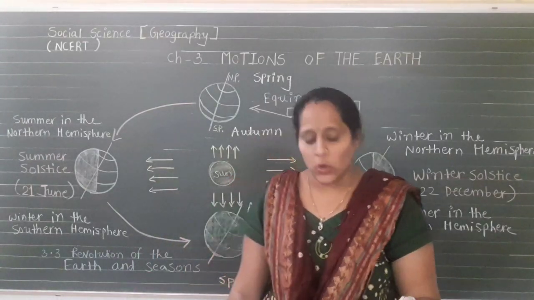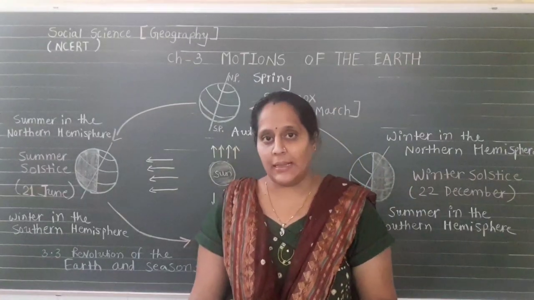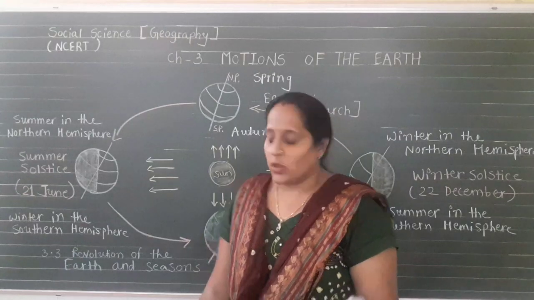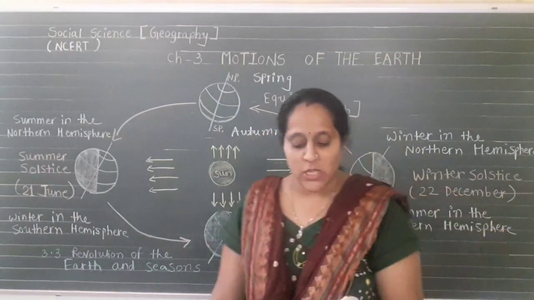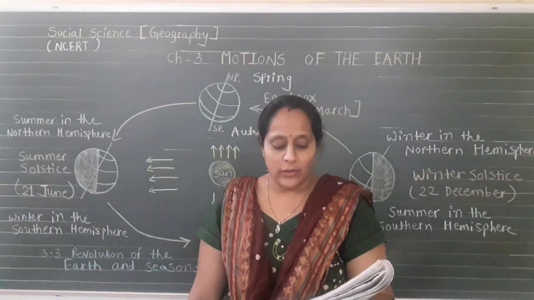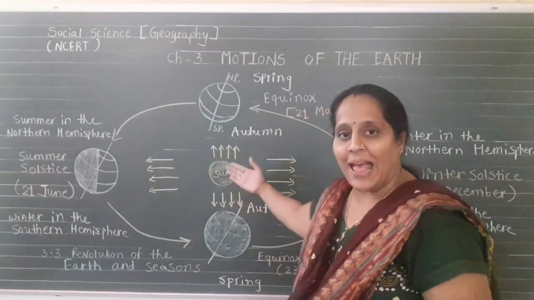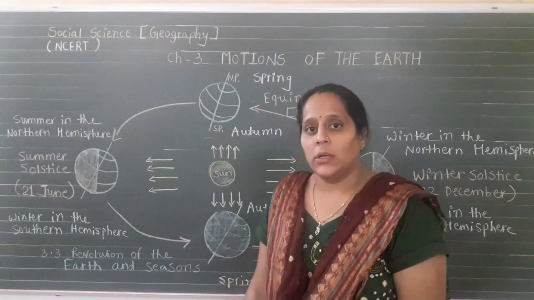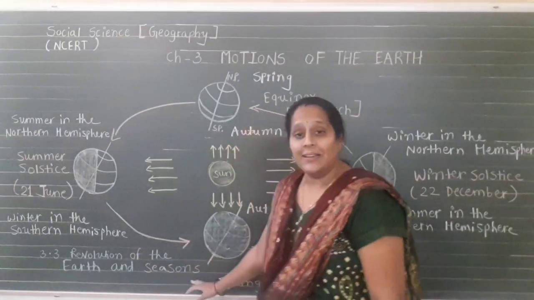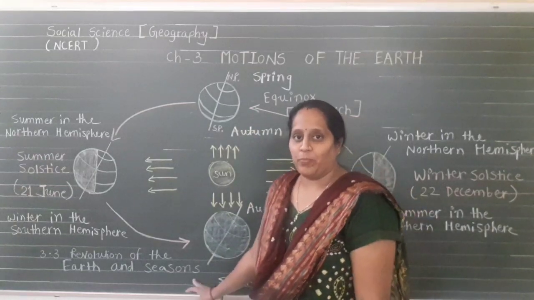A year is usually divided into different seasons like summer, winter, spring and autumn, and seasons change due to the change of position of the Earth around the Sun. Through this diagram we come to know about the revolution of the Earth and how seasons change.